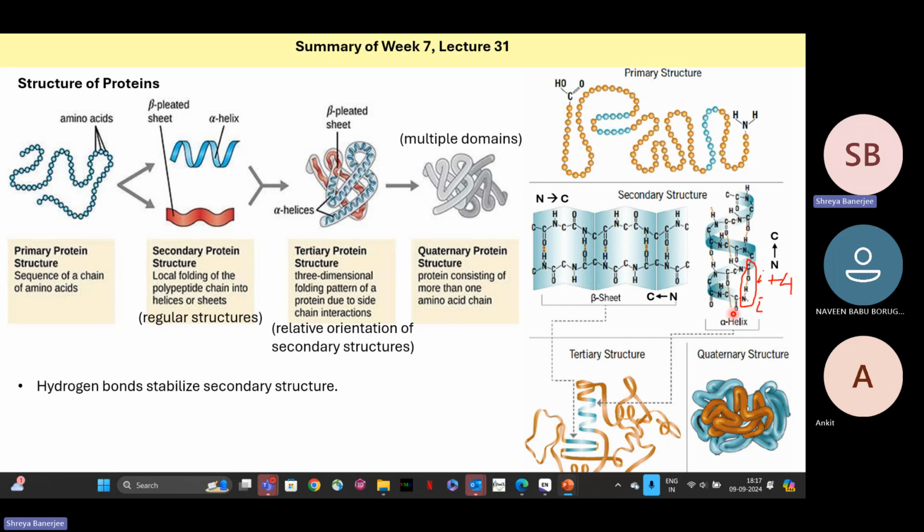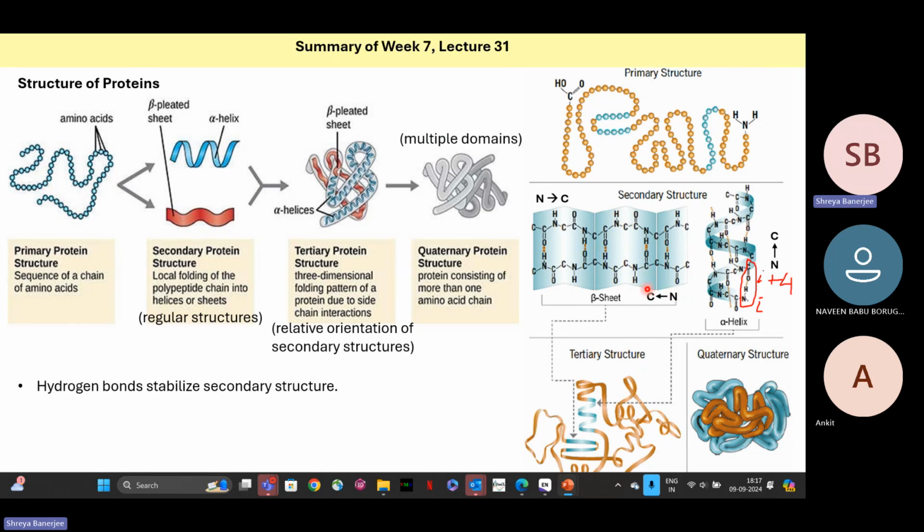Here you have only one polypeptide chain. In the beta sheet, you have two chains which can either be parallel or anti-parallel to each other. In this case, the top chain is said to be N to C, because if we ignore the first hydrogen bond, from the second hydrogen bond it goes N, C, CO, N, C, CO. So it starts from the N terminal and goes to the C terminal.